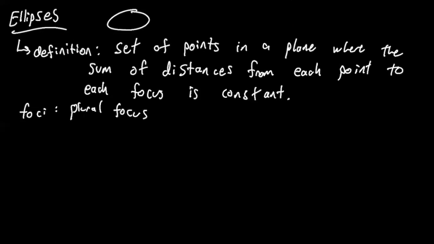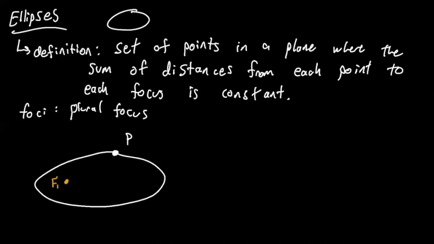Let's take a look at what that means geometrically. So here we have an ellipse, not the perfect one, but still. If we pick any point on this ellipse, for example, let's pick this point here, P. For this ellipse, there are two foci. We could call them F1 as one focus, and the other one could be called F2.